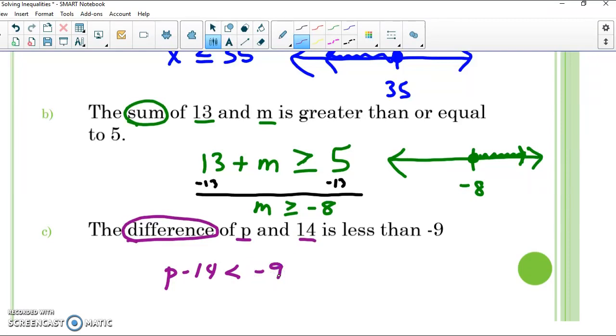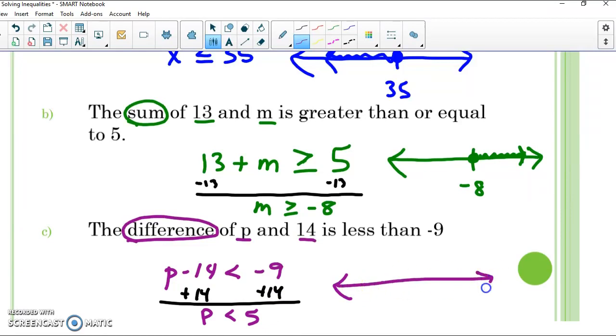So I've written my inequality. Time to solve my inequality. And then I can graph my inequality. So I'm going to put an open circle at 5, and I'm going to shade everything less than 5 and put an arrow on the ends.